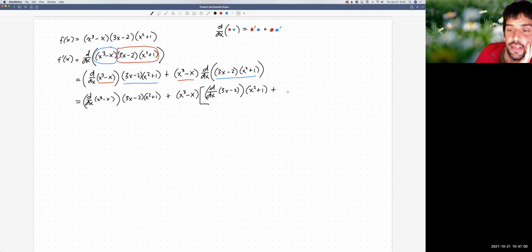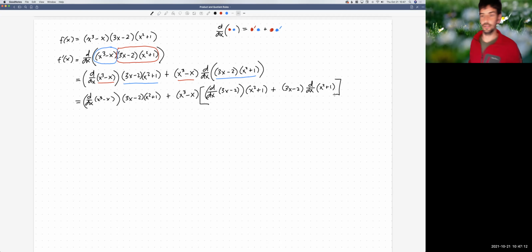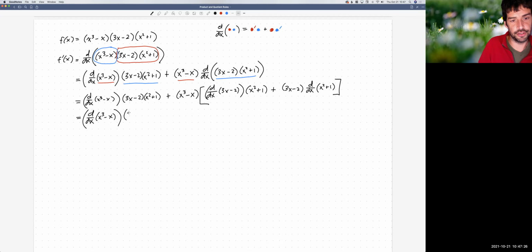And then I leave the first function alone and I take the derivative of the second function. All right, we're almost there. We're going to start taking derivatives in a second, but I want to do one more step. So I'm going to leave this derivative for the moment. There's our derivative. The other two functions are left as is.